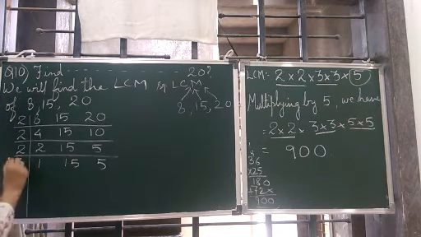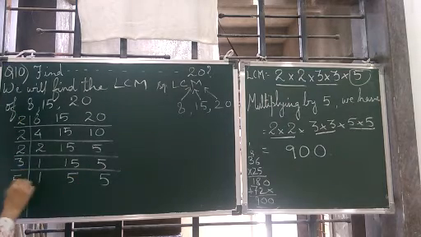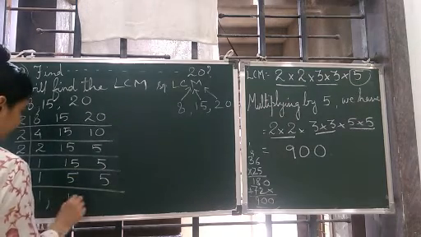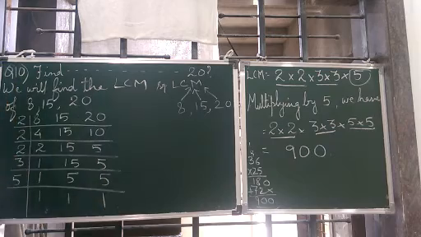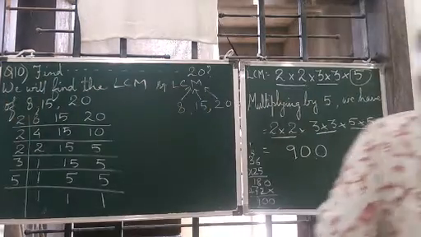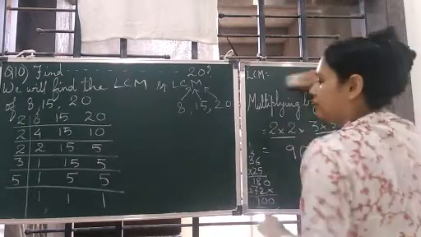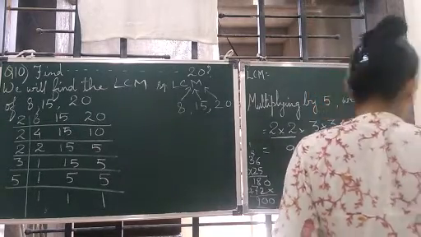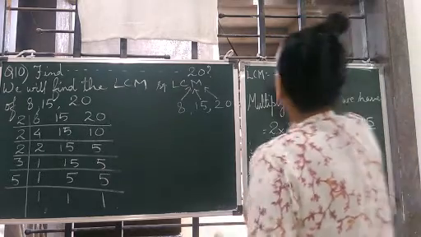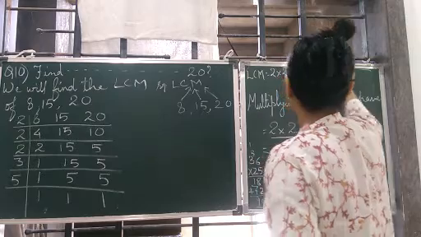Now it will go by 3. 3 5s are 15. 5 remains 5. So here, these are the factors. So we write the factors. 2 into 2 into 2 into 3 into 5.